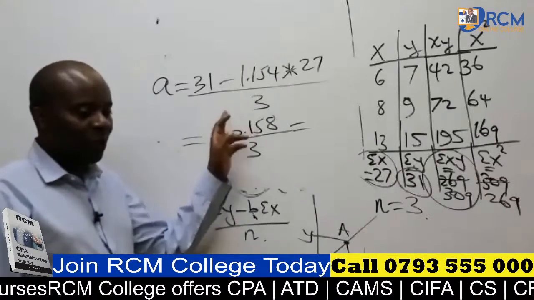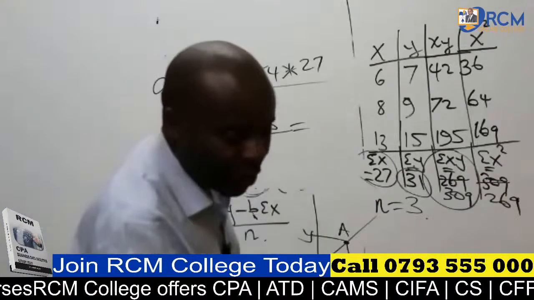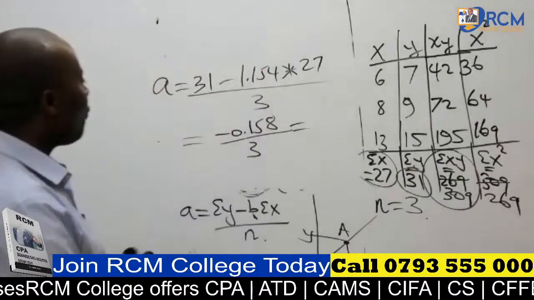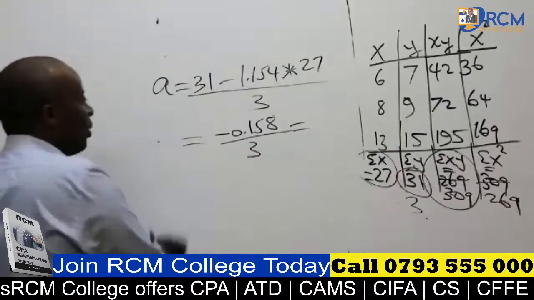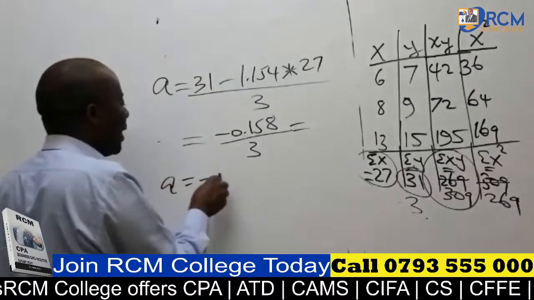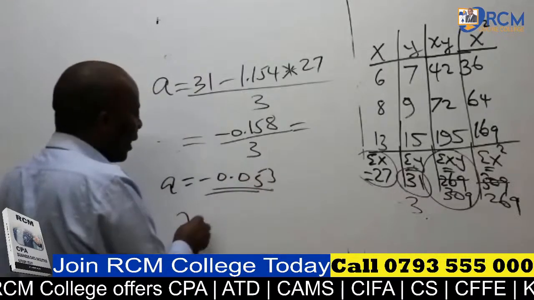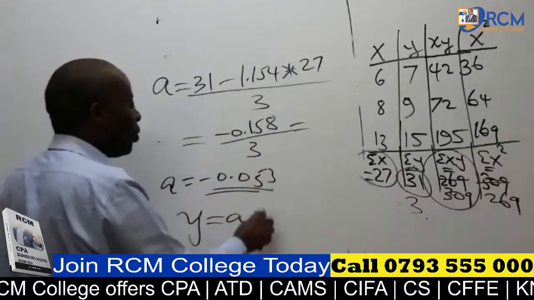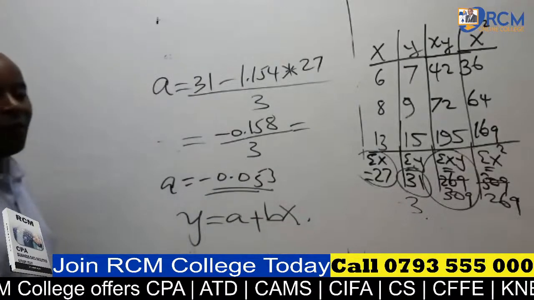According to Amaya, it is minus 0.053. Collins says 0.053. These are good students. They say that A should be negative 0.053, like that.